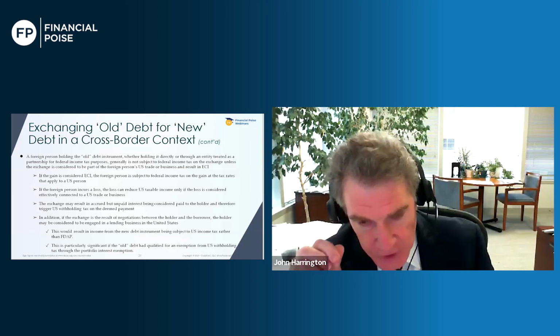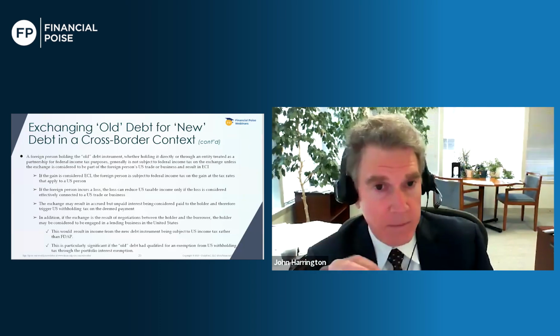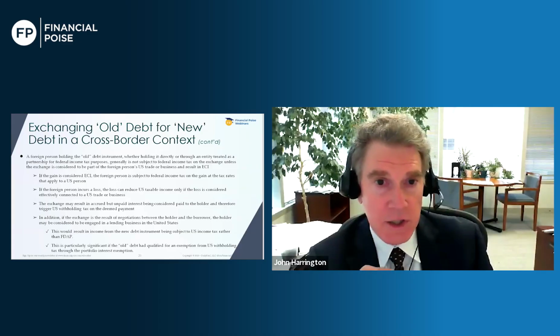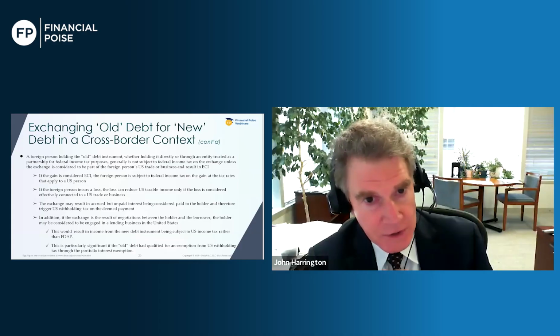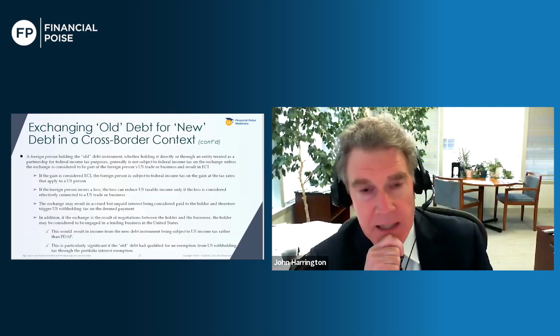Say the creditor is involved in a lending business in the United States, or it somehow has employees or agents in the United States, and this is associated with that activity, then there can be gain.